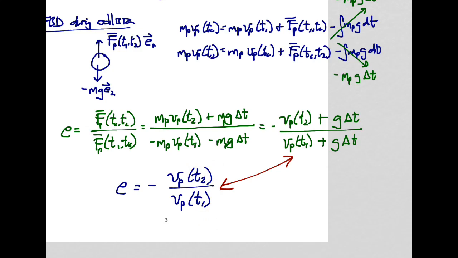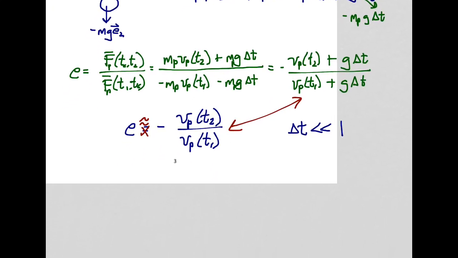And so the only time that we can ignore the forces due to gravity is truly when delta t is very, very small. So we've done this before where we say that delta t is much, much smaller. We write it as 2 less than signs 1. And so when this is the case, then we can approximate, and so let's use our approximate sign instead of our equal sign. We can approximate the coefficient of restitution as the ratio of those speeds that we can measure.